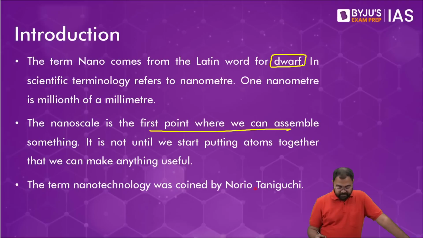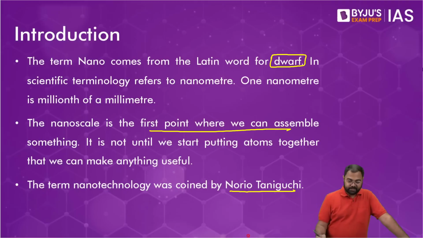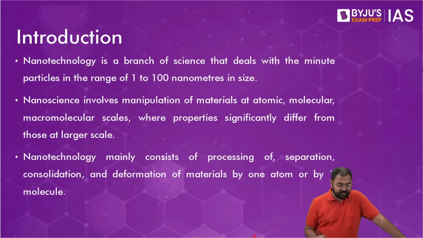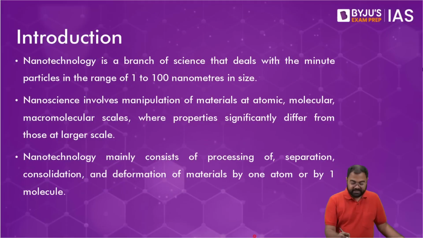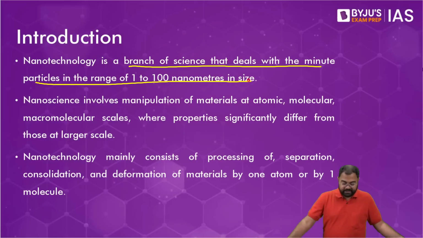The term nanotechnology was first coined by a Japanese scientist by the name of Norio Taniguchi. Nanotechnology is a branch of science that deals with minute particles in the range of 1 to 100 nanometers.